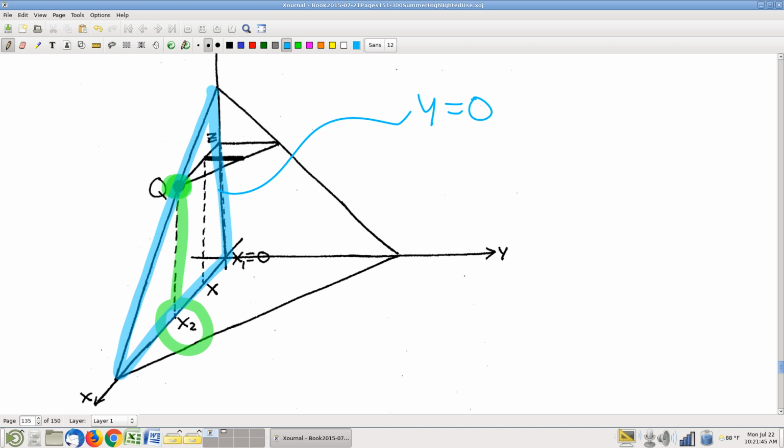Let's see, it is on this surface with equation x plus y plus z equals 1. What other surfaces do I know that this point is on? There's a sneaky, not hidden, but sneaky extra third surface that this is on.